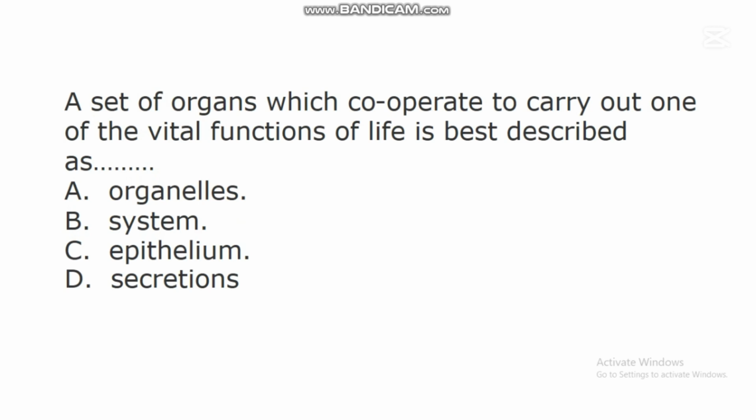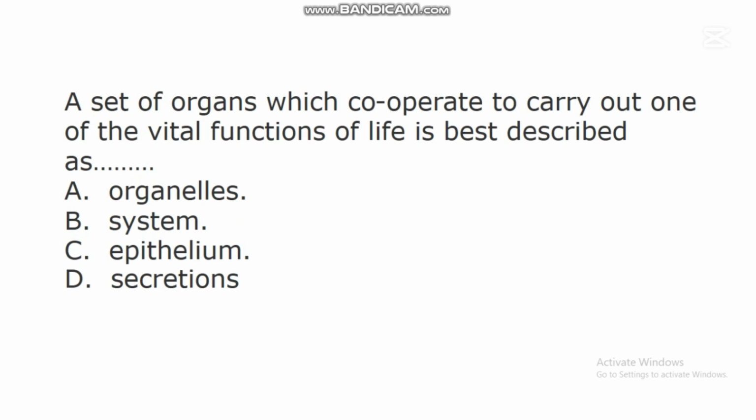The next question says, a set of organs which cooperate to carry out one of the vital functions of life is best described as dash. A. Organelles. B. System. C. Epithelium. D. Secretions.